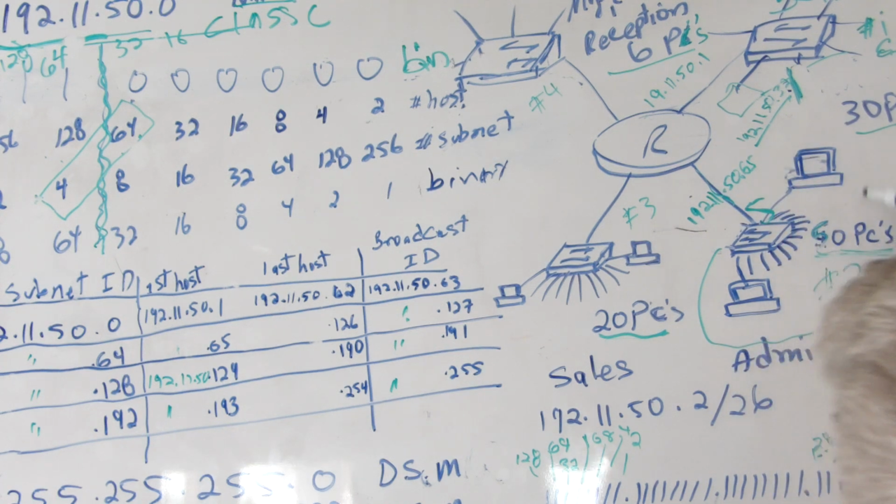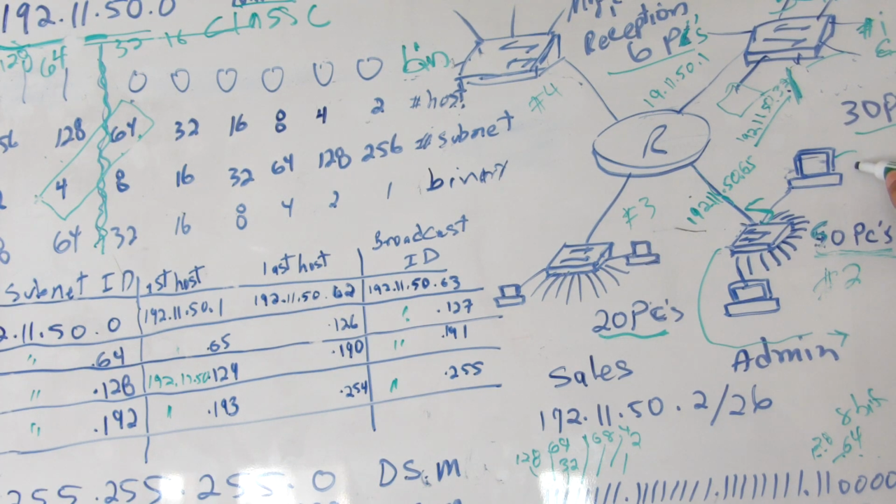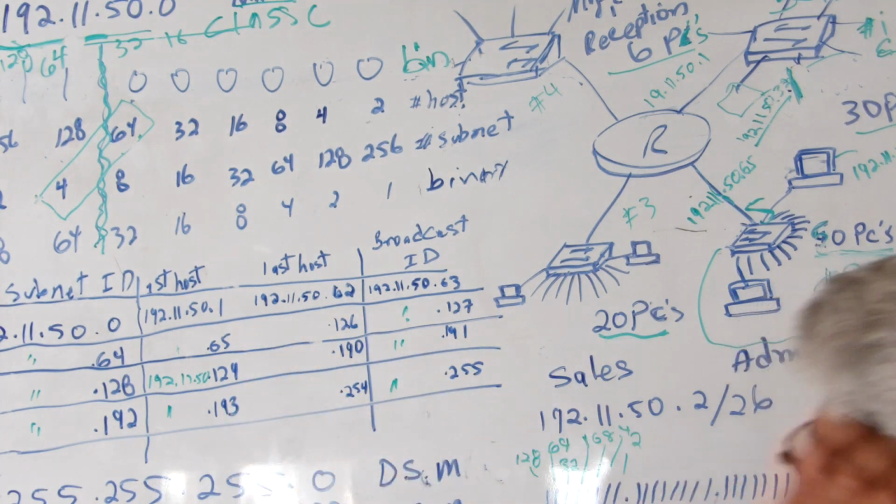192.11.50.65, and then we start from the first host. The first host is going to be 192.11.50.66.